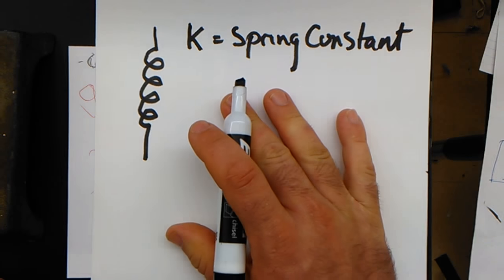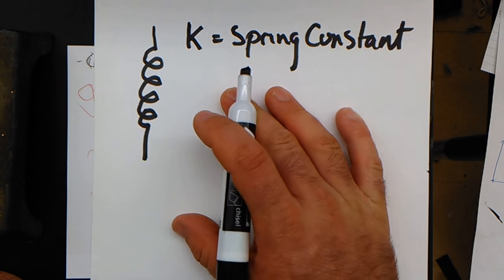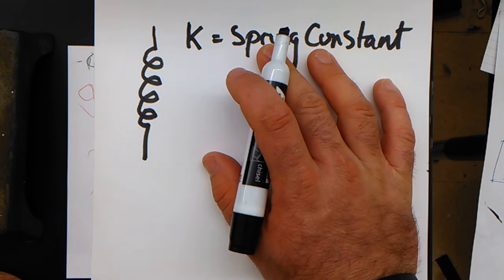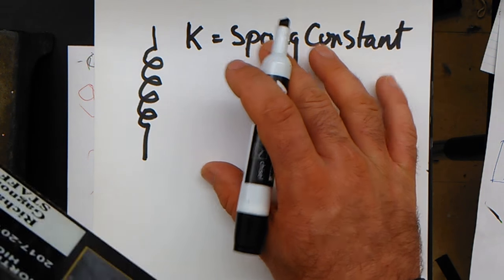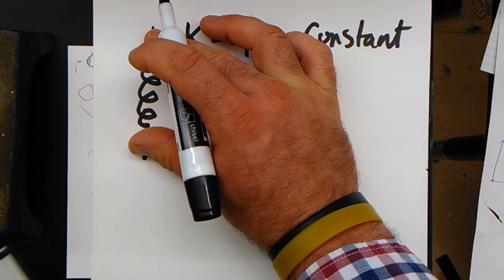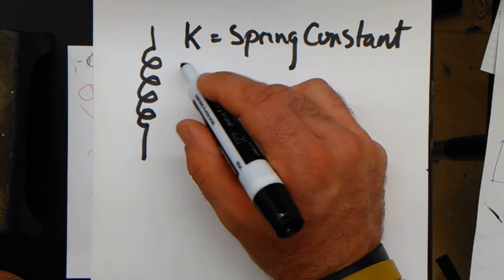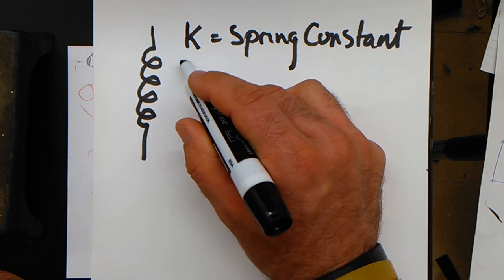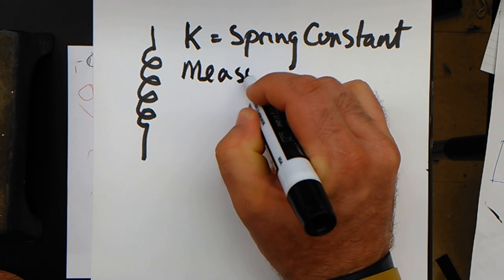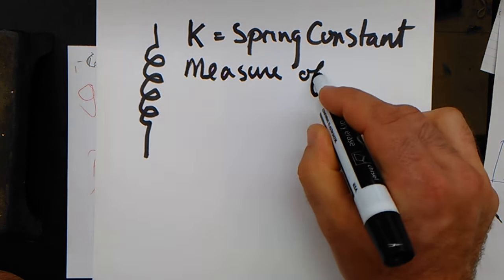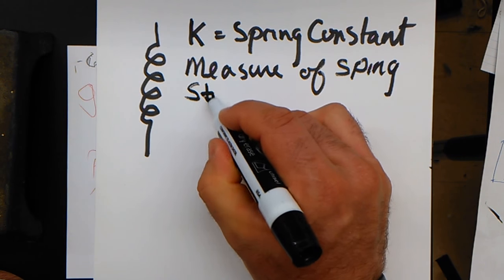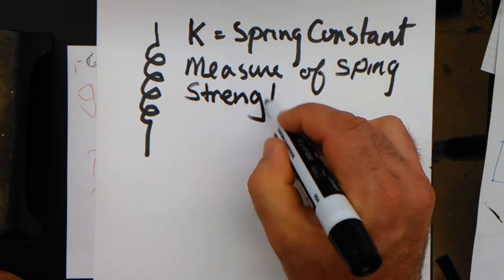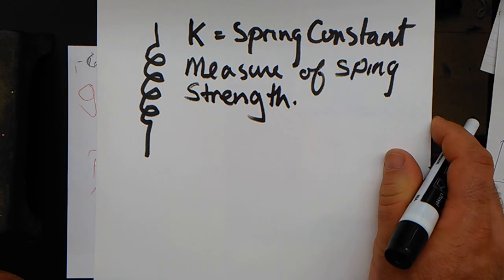Now, you could probably guess, the higher the spring constant, the stronger the spring is. The more it takes to stretch it or compress it. So this is a measure of the spring strength.